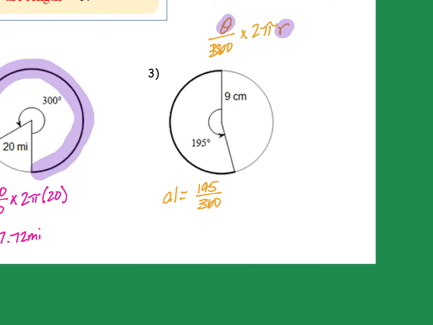I look at my picture and find theta and my radius, substitute them in, and plug it into the calculator. So times 2 pi times 9, which is approximately 30.63.